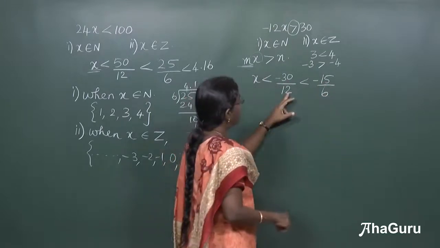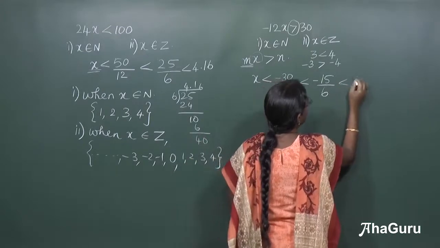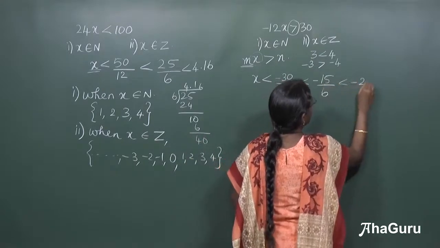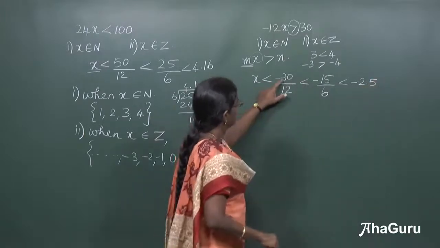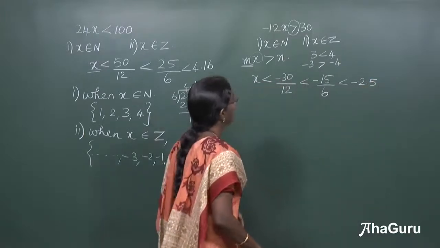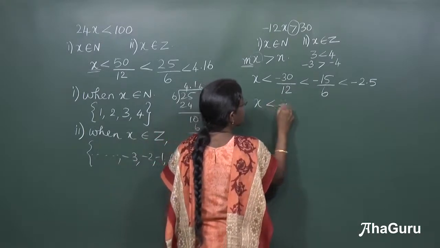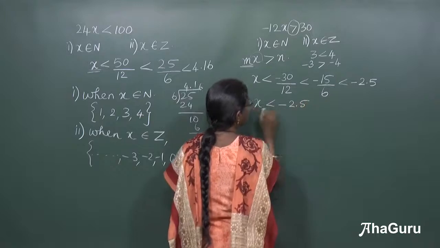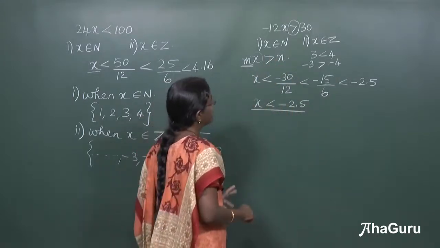It is going to be minus 15 by 6, which further is going to be minus 5 by 2 or minus 2.5, right. Okay. So, what is the inequality we have got now? x is less than minus 2.5. The given inequality, we have simplified it like this.